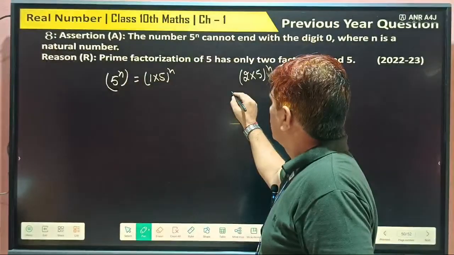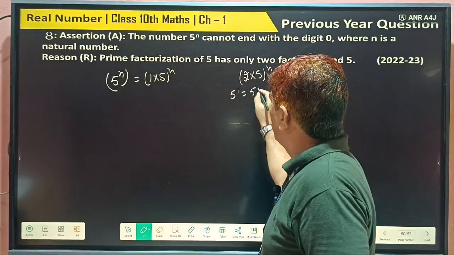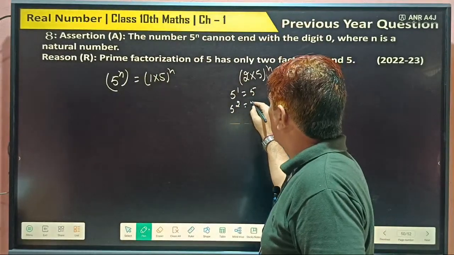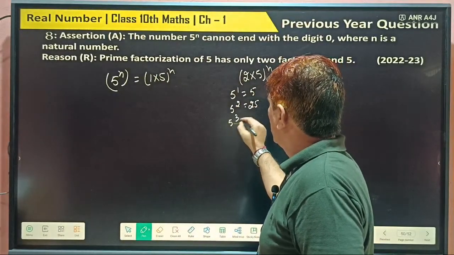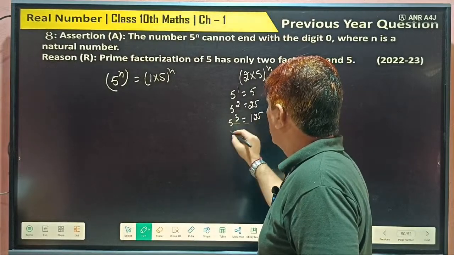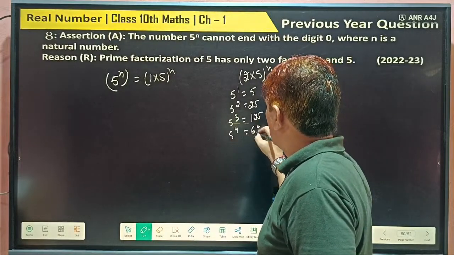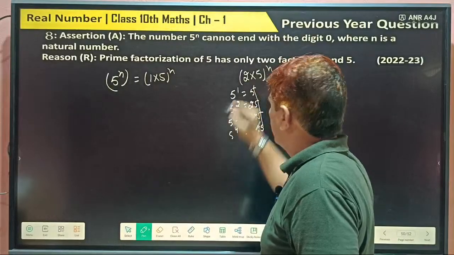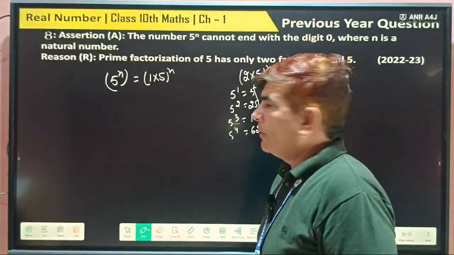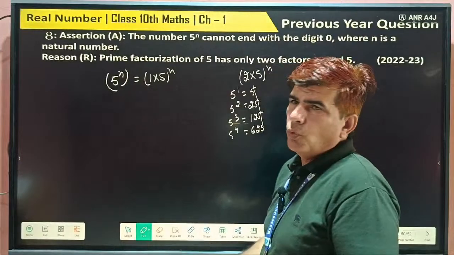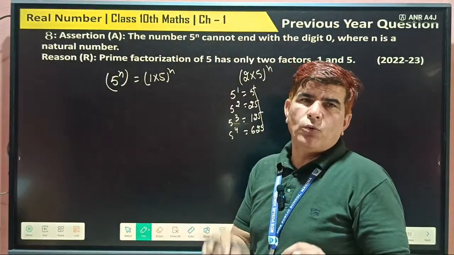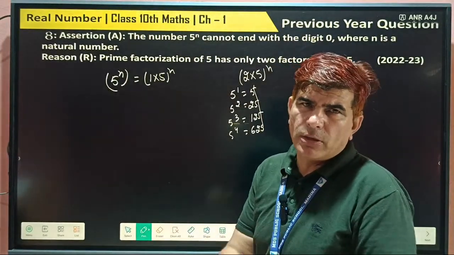Understood? 5 to the power 1 is 5, 5 squared is 25, 5 cubed is 125, and 5 to the power 4 is 625. All end in 5. It would be possible only when both 2 and 5 are factors of the number.